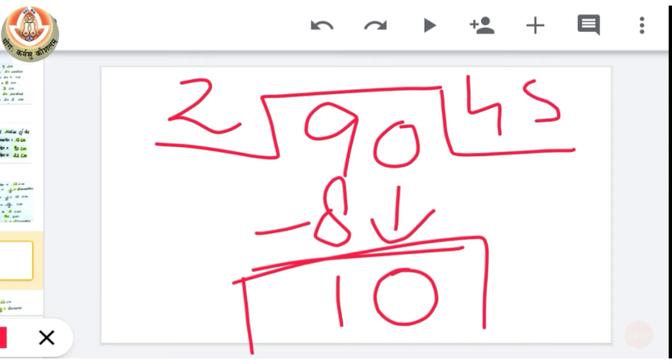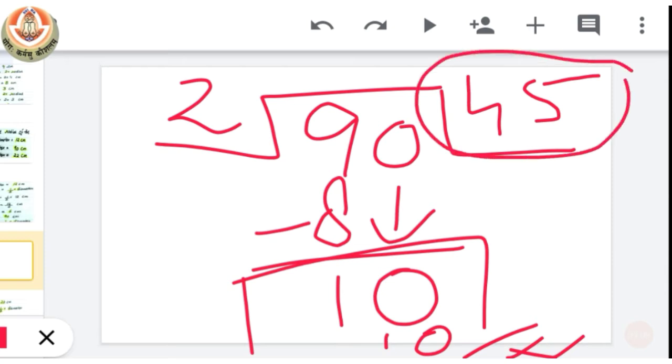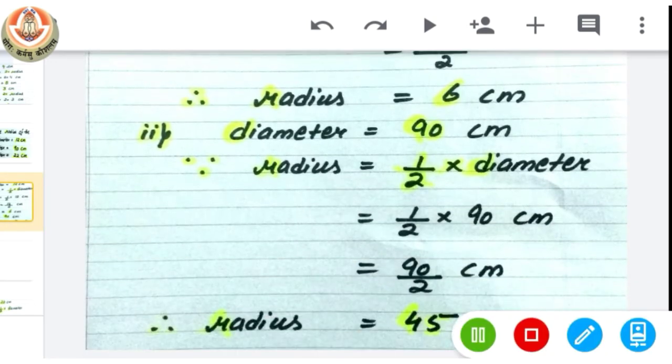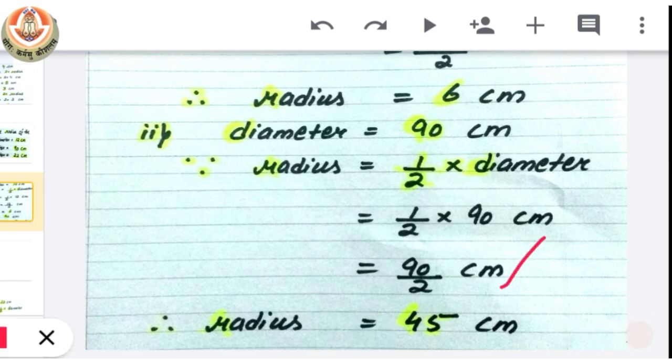We know that 5 multiplying with 2 gives 10, and when 10 minus 10, we have no remainder. So this is our answer after dividing 90 by 2. You can see that when we divide 90 by 2, 45 is the radius for the circle having diameter of 90 centimeter.